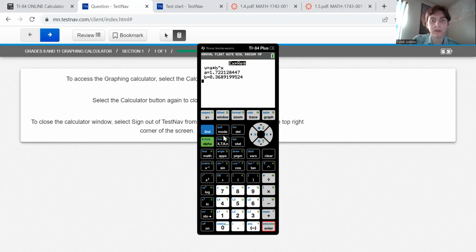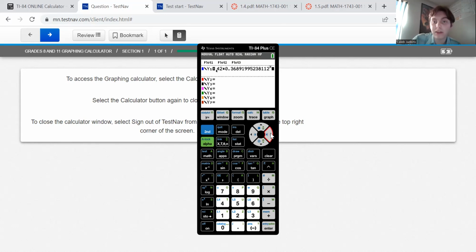And now we can go to Y equals. And here we see it has stored those values in this function. Now, if we were writing this down, we remember that a complete model has coefficients, so the A and B, up to 3 decimal places of accuracy.